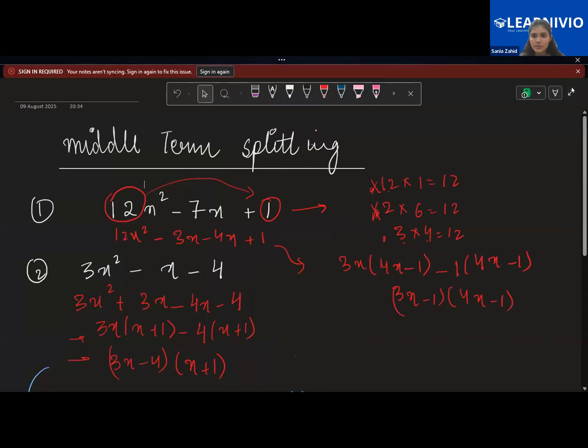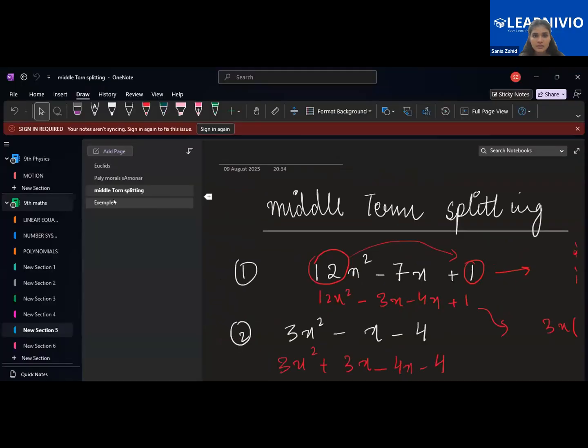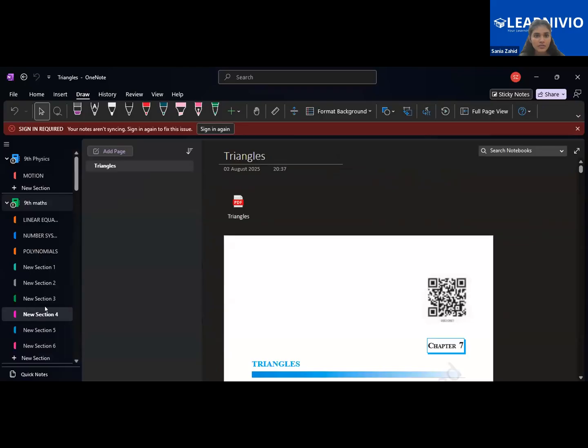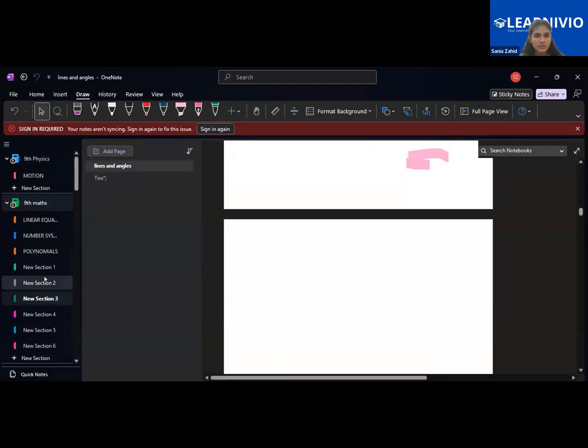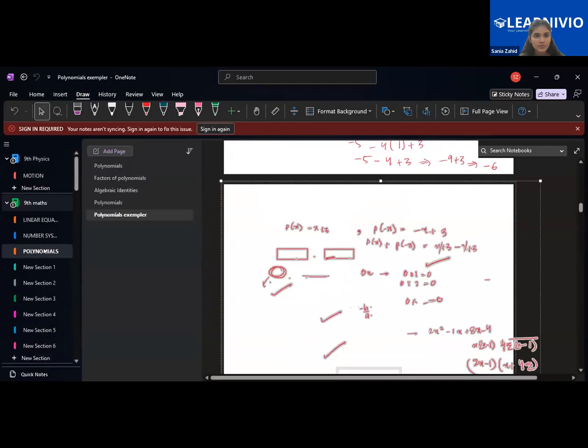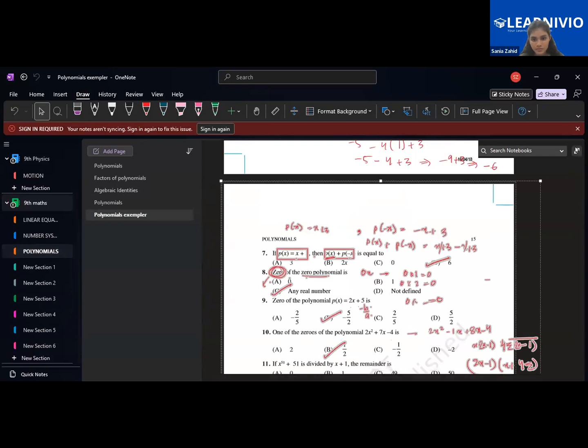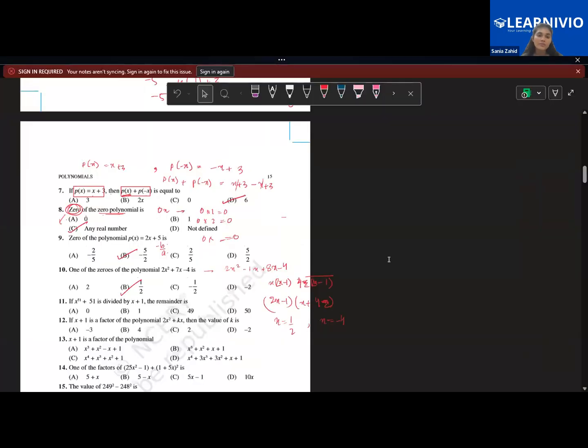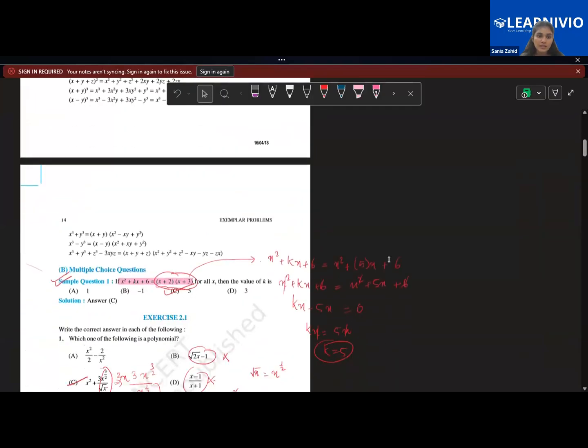From the NCERT. The NCERT I was following. Okay, fine. Okay, I remember. I taught you we will do factor theorem and we were doing from NCERT, right? Yes, ma'am.